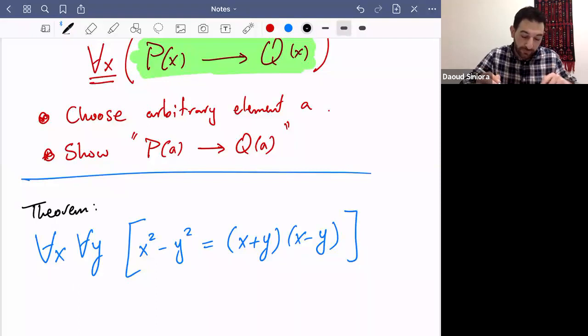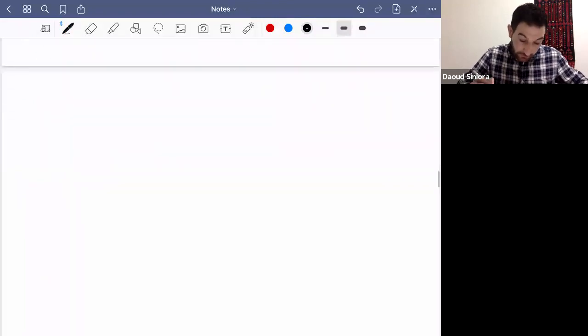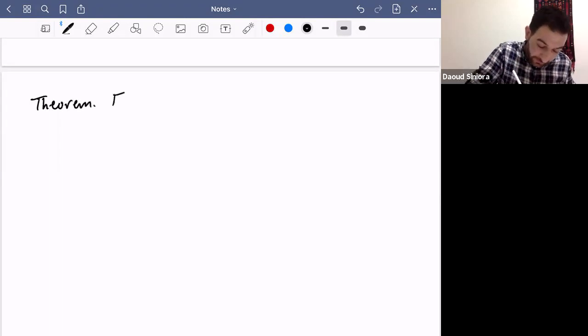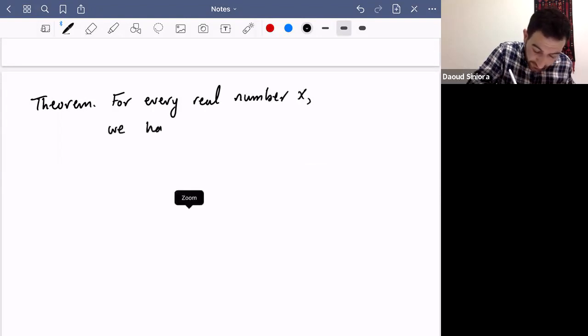So we will prove now a different theorem about real numbers. So let's do it together. So here, theorem. We will prove that for every real number x, we have that x times 0 is equal to 0.